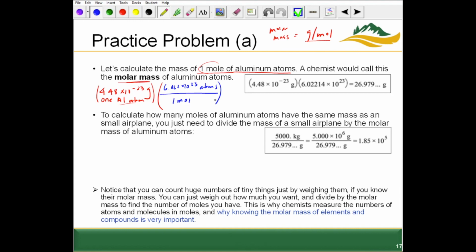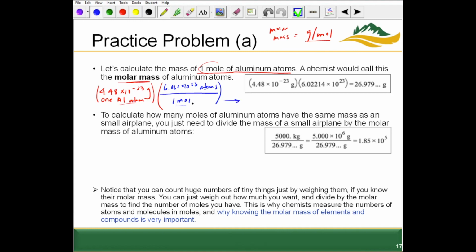The next part of the conversion that we need is Avogadro's number. So 6.022 times 10 to the 23rd atoms in 1 mole of anything, right? It can be particles in 1 mole, it can be cabbages in 1 mole. Here's 6.022 times 10 to the 23rd atoms in 1 mole of aluminum.